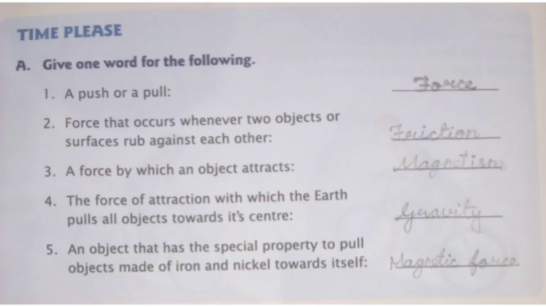The force of attraction with which the earth pulls all objects towards its center. Answer is gravity. Fifth question. An object that has the special property to pull objects made of iron and nickel towards itself. Answer is magnetic force.